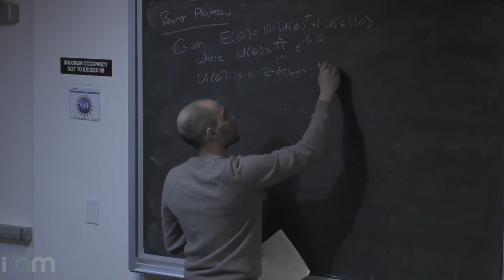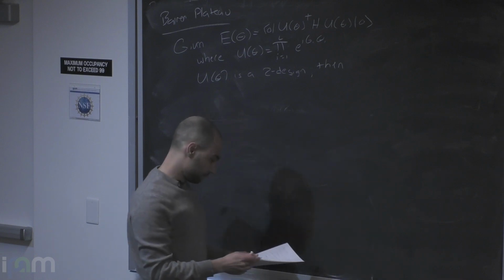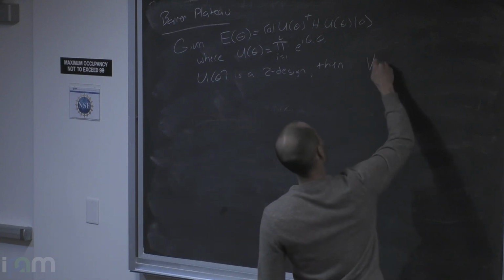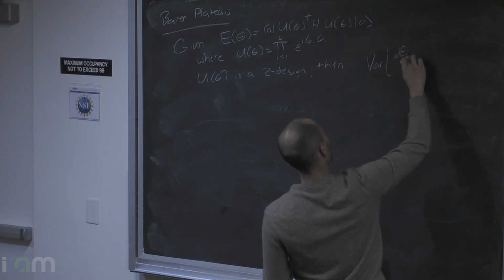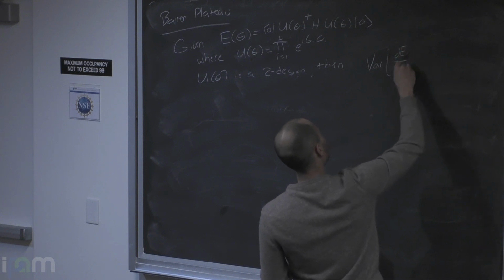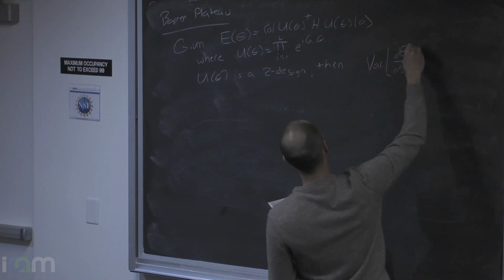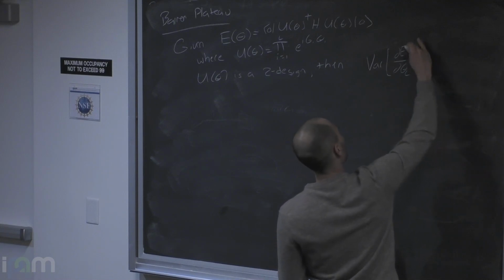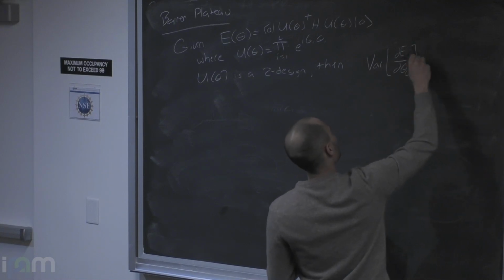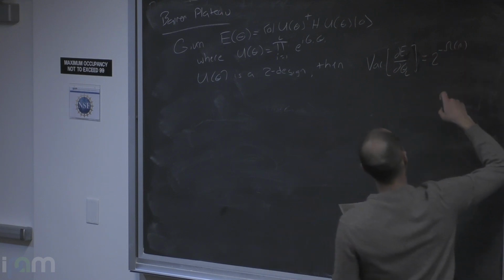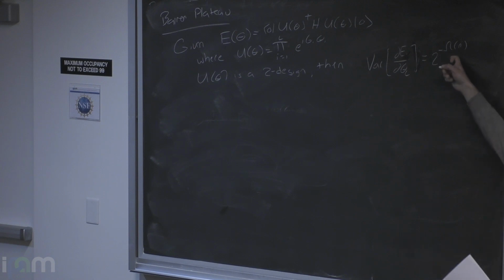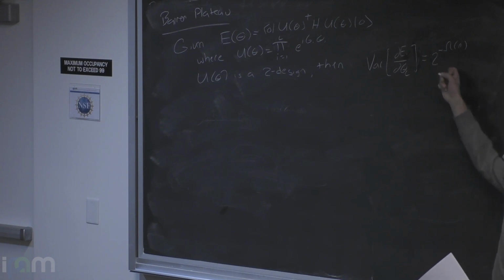Then the variance of dE over d theta_L is equal to 2 to the negative omega n. This just means that it decays at least exponentially in n.